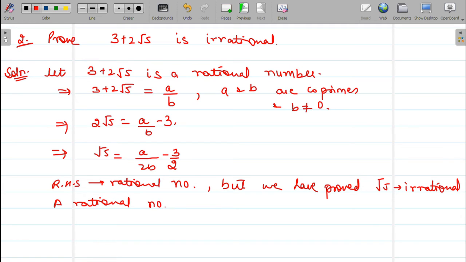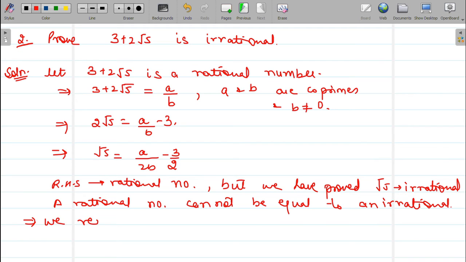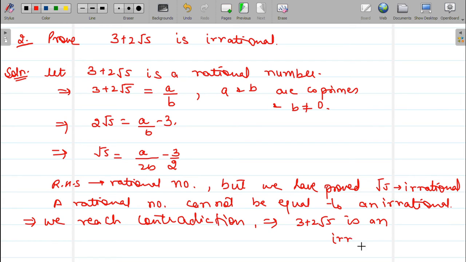So this implies we reach a contradiction again. All these questions are done like this only, beta. Reach a contradiction. This implies that 3 plus 2 root 5 is an irrational number.